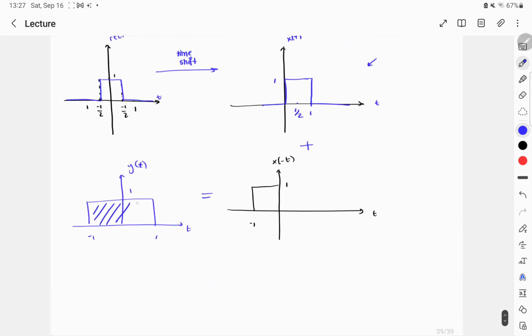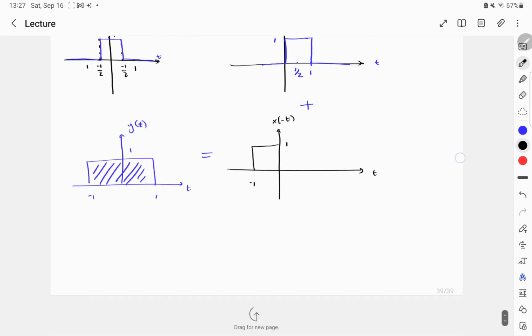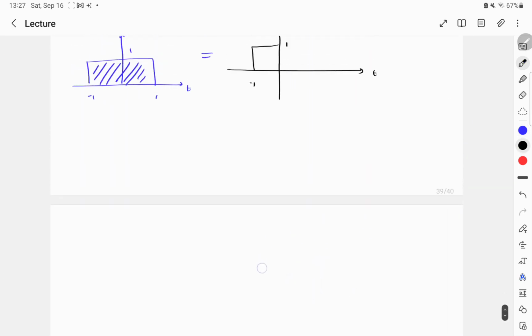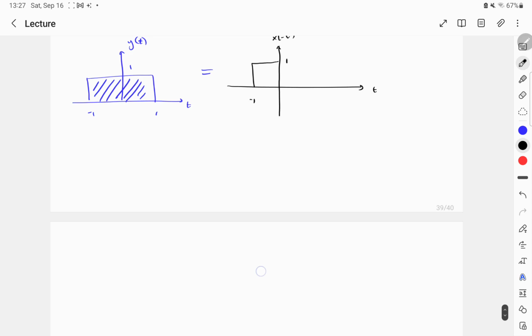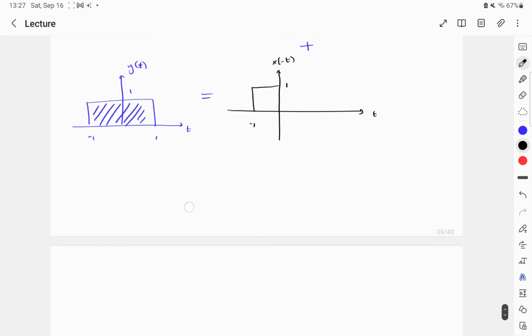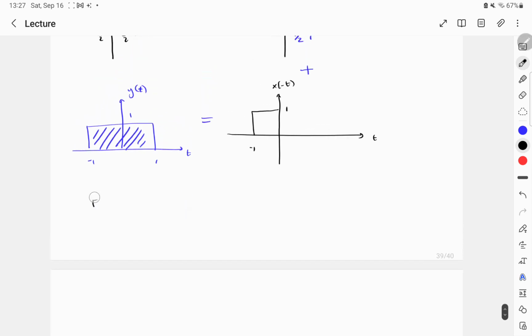As we know, the Fourier transform is found by calculating the area times sample. The Fourier transform is the area: here we have 2, here we have 1, and 2 times sample of omega times omega over 2, which is 1.